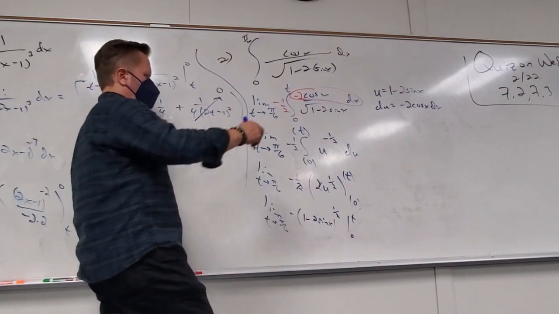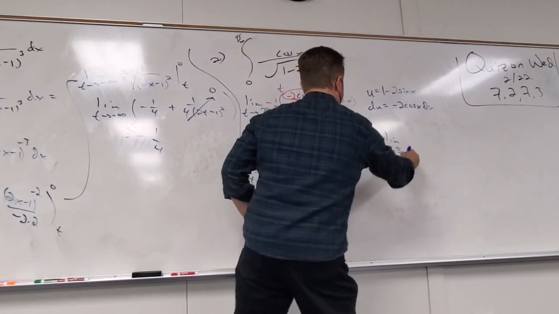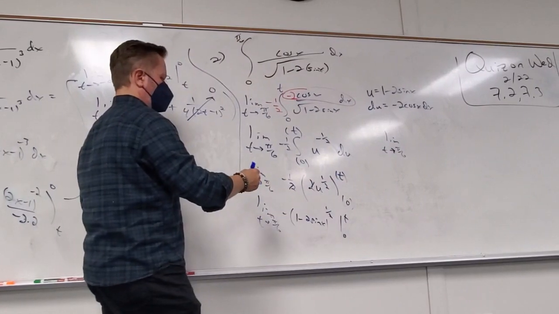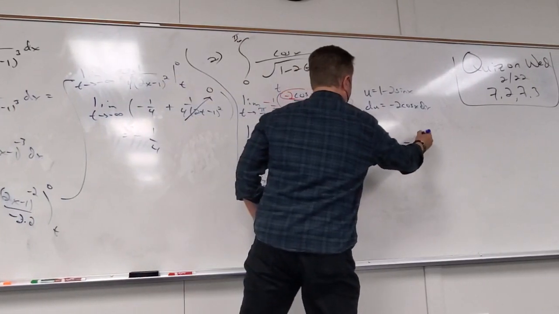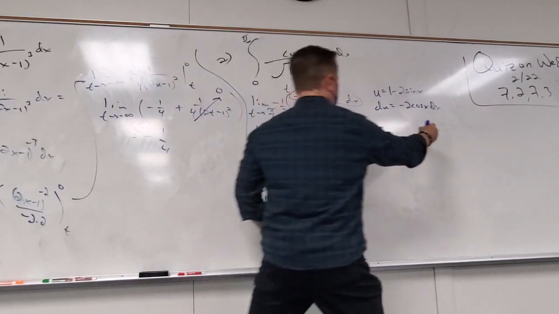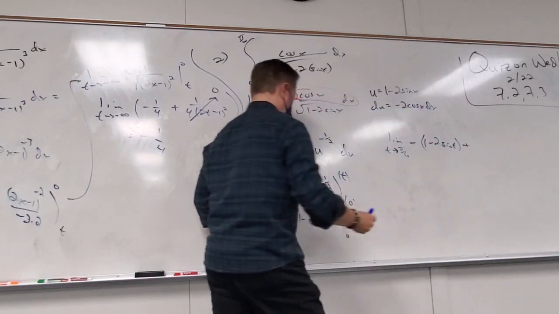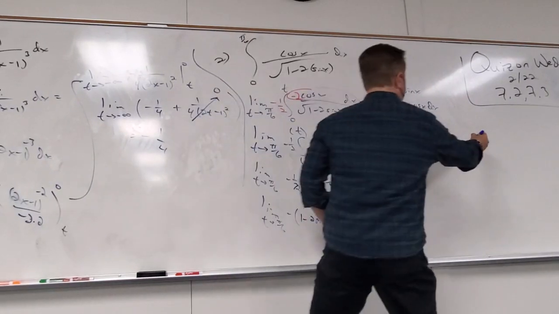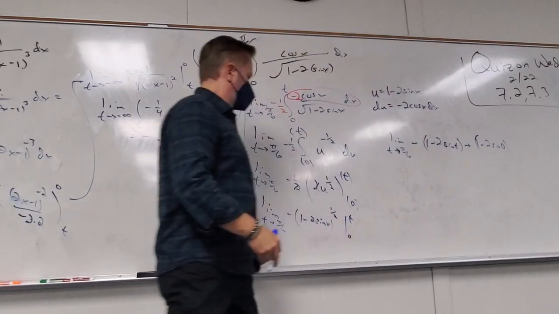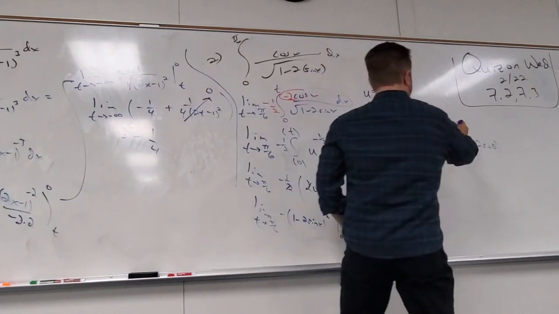So then you get the limit as t goes to pi over 6 of 1 minus 2 sine t, minus 1 minus twice sine 0. Square root, sorry. Leave out the square root.